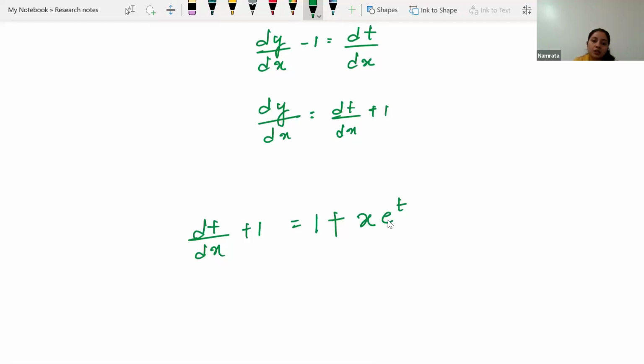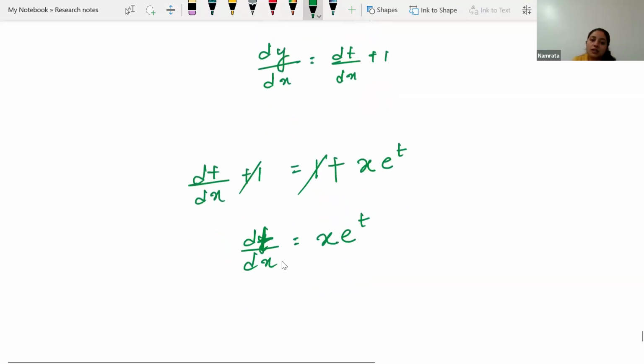Okay, this 1 is gone. So we are having dt by dx equal to x e to the power t. It is variable separable, so we will do that. dt over e to the power t is equal to x dx.